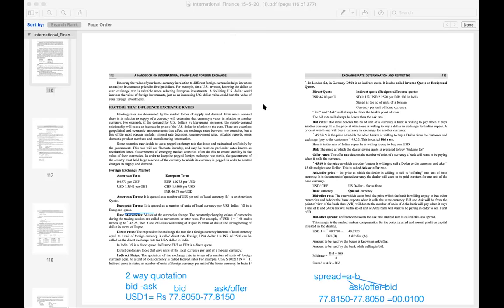So coming back to bid, offer, spread, we finish with that. We want to calculate some 1 or 2, 3 spreads. We will have an activity, calculate 1 or 2, 3 spreads, right?